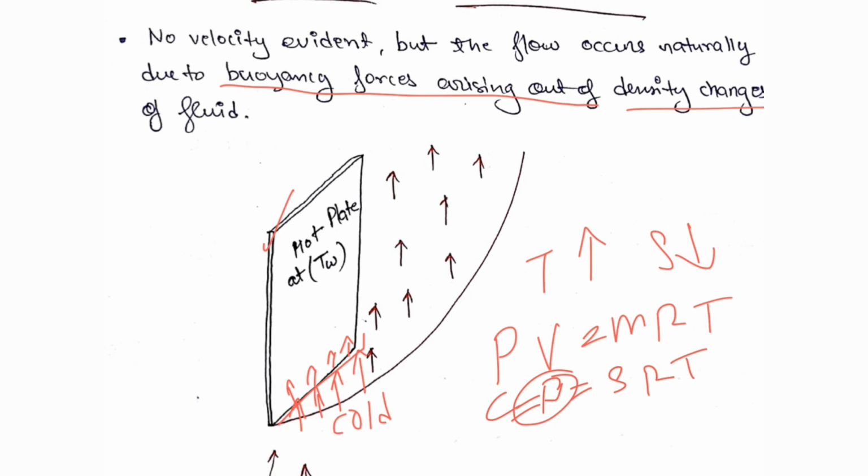As the temperature increases, to maintain the pressure constant, density has to decrease. This is how the density of the cold fluid will decrease and it will become a hot fluid.